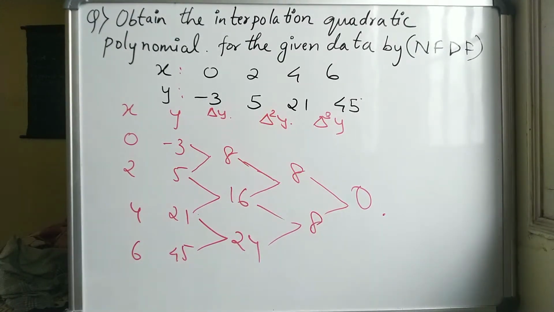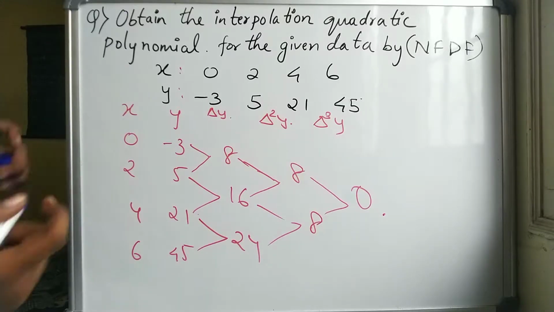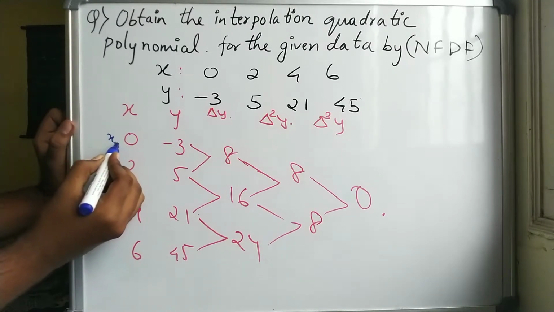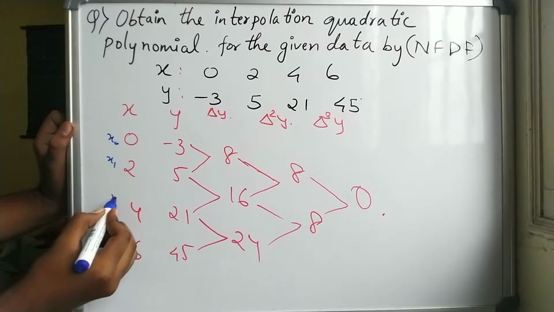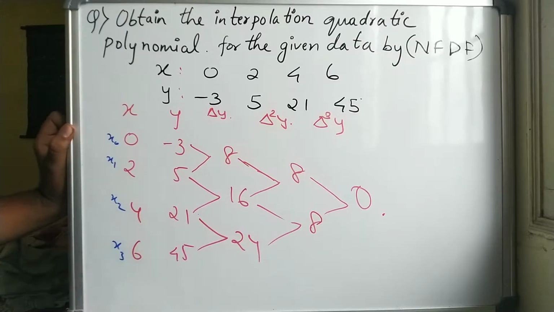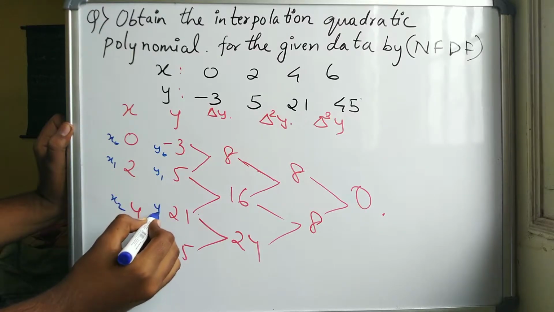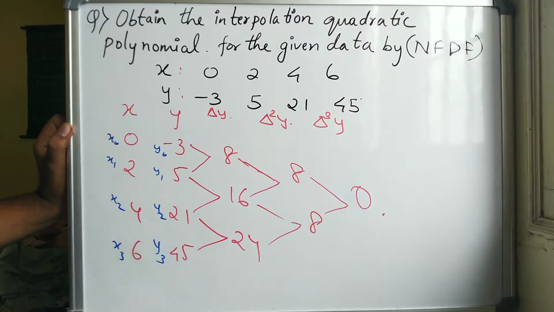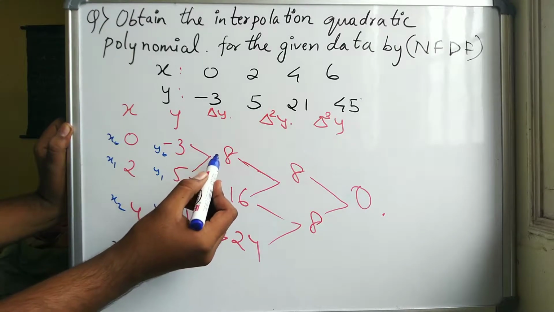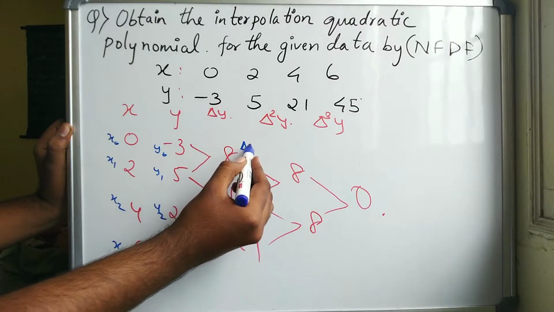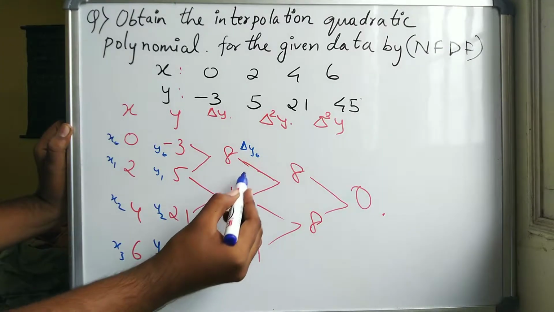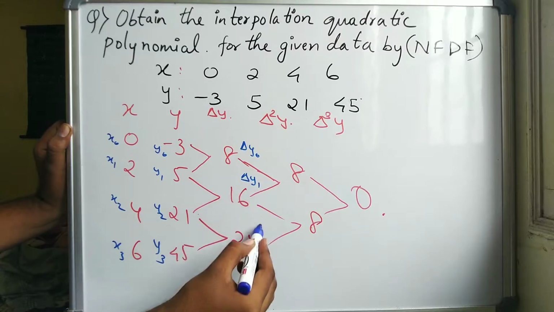Basically you have to understand the x values and the corresponding y values that were given. This is nothing but x0, x1, x2, x3, and y0, y1, y2, y3. Here 8 is delta y0, then delta y1, delta y2.